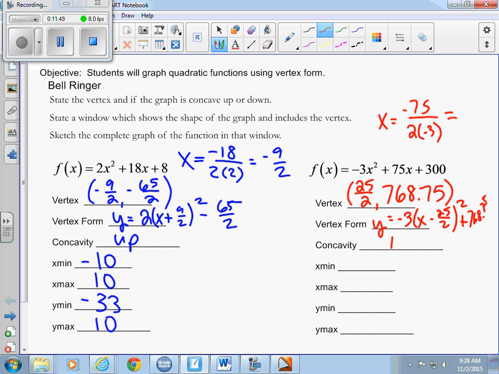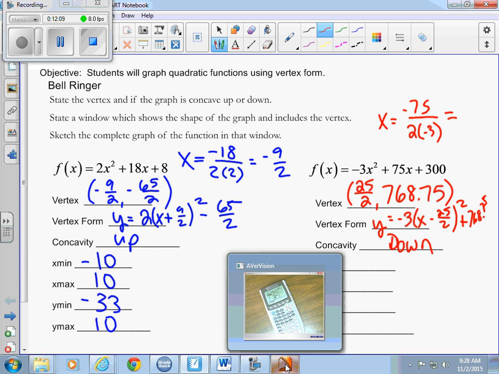Since we are concave down, what's the highest point? The vertex, right? Okay, so let's figure out how to get that in.